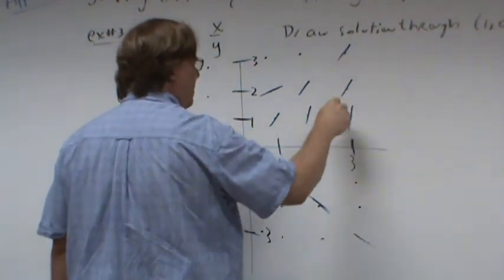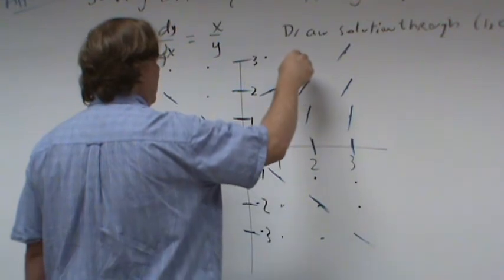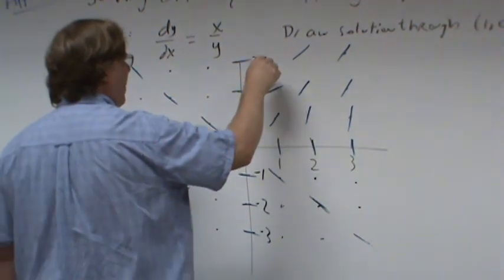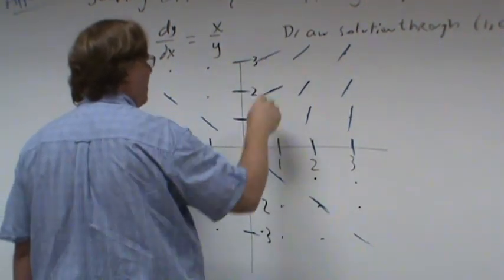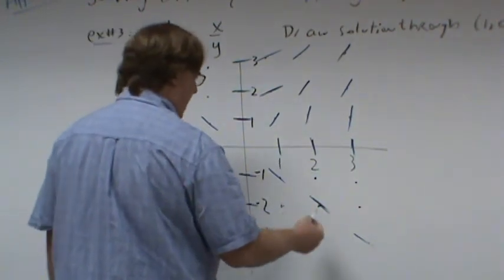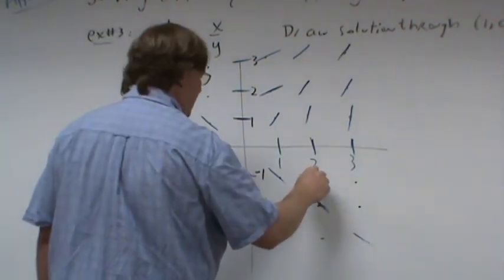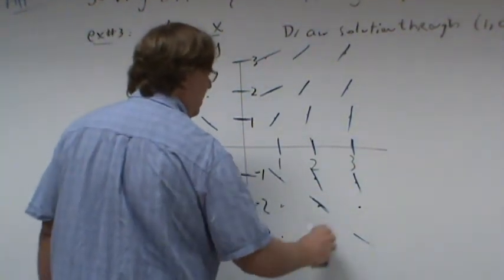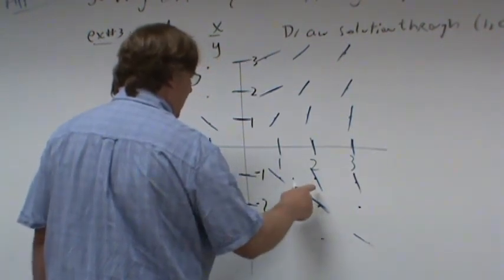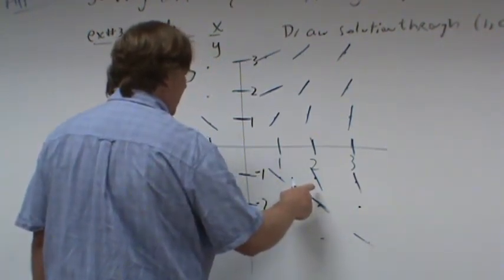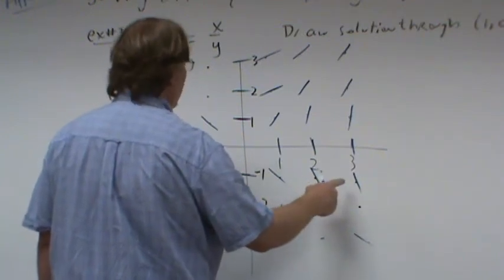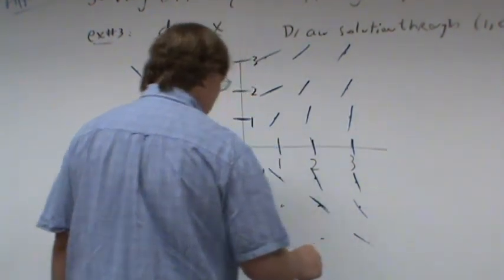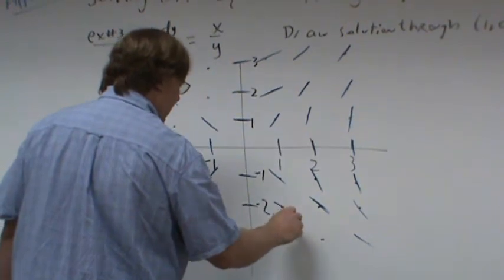Now 3 halves, 2/3, 1/3. -2, 2 over -1. 3 over -2 is -3 halves. -1/2, -1/3.